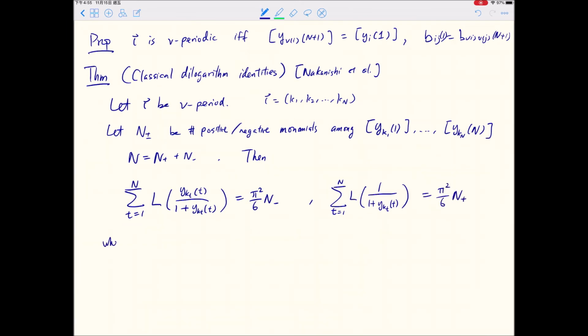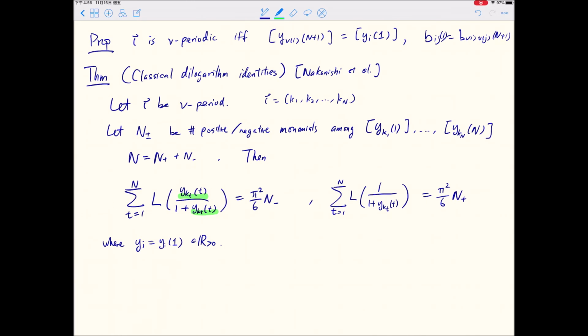And here we take all the y_i, the initial variables, to be positive real numbers. Each y_{k_t} term, remember, is a rational function in the y_i, the initial variables. So we specialize these y_i to be some positive real numbers, and then this will be the dilogarithm identities.